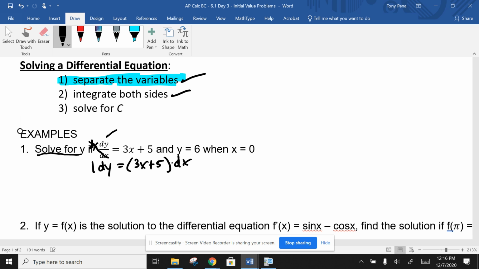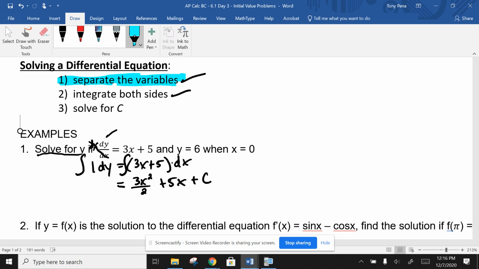Once that is done, we can go ahead and find the antiderivative of both sides. So you're going to put that indefinite integral in front of both of those. Let's do the right-hand side first. The antiderivative of this is 3x squared over 2 plus 5x and then plus our constant.